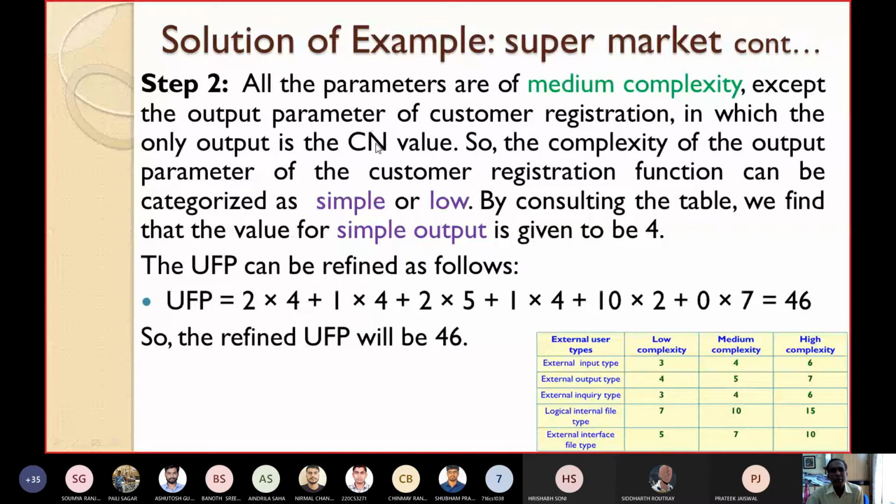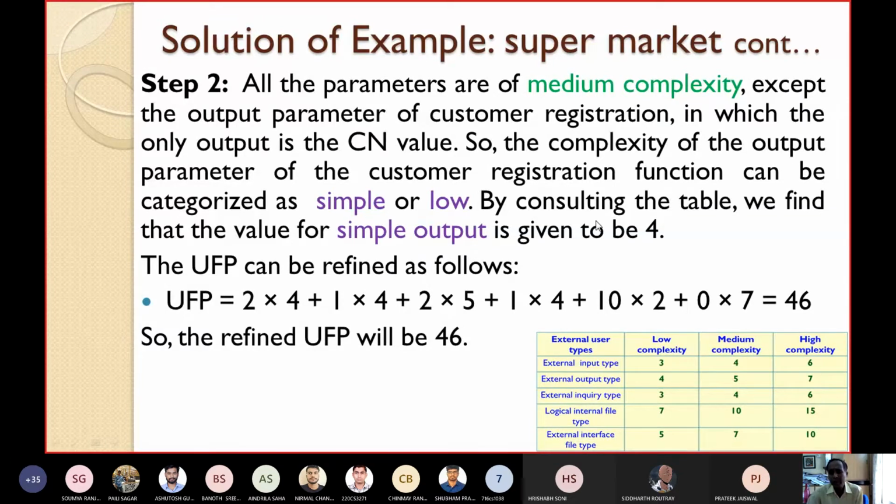So the complexity of the output parameter of the customer registration function can be categorized as simple or low. So of the 3 outputs, 2 are medium, but 1 is low. Generating the customer number is very simple, so it is simple or low.